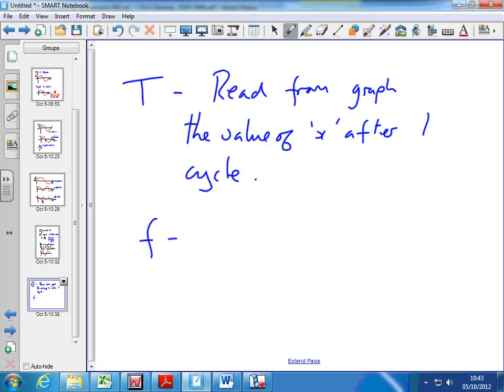If I've got that, how do I get the frequency? Right. So if I want the frequency, 1 over the period gives frequency, which is the number of cycles per second. Okay?